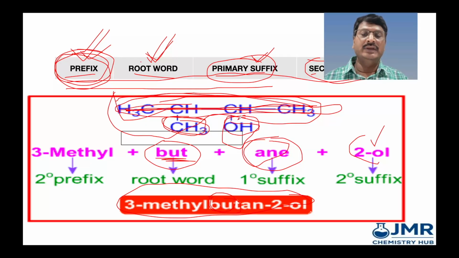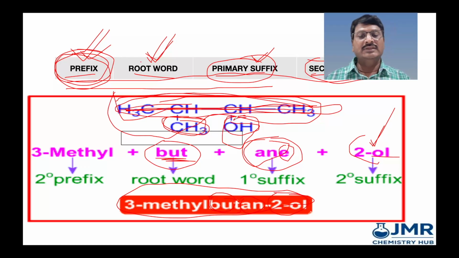When the compound has the alcohol functional group, the secondary suffix will come, and the secondary suffix for alcohol is "-ol." When writing the secondary suffix, you generally have to remove the E in the primary suffix. In place of the E, you write the secondary suffix word. That means you write "an," not "ane."